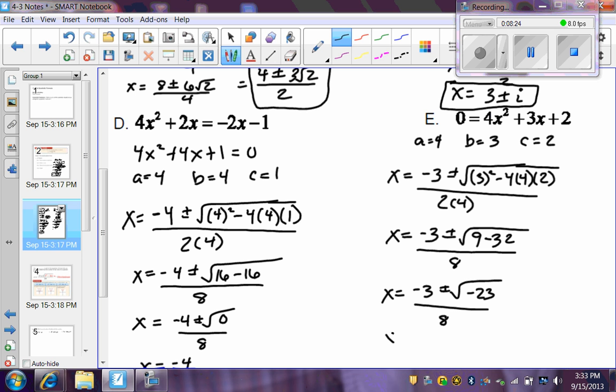The square root of negative 23 simplifies to i radical 23, so that's negative 3 plus or minus i radical 23, all over 8. And there's your final answer.